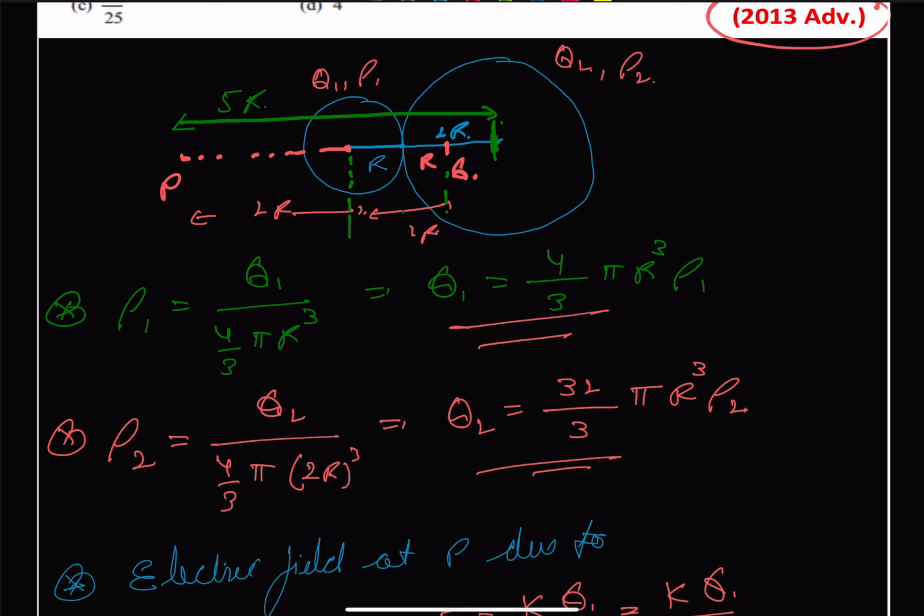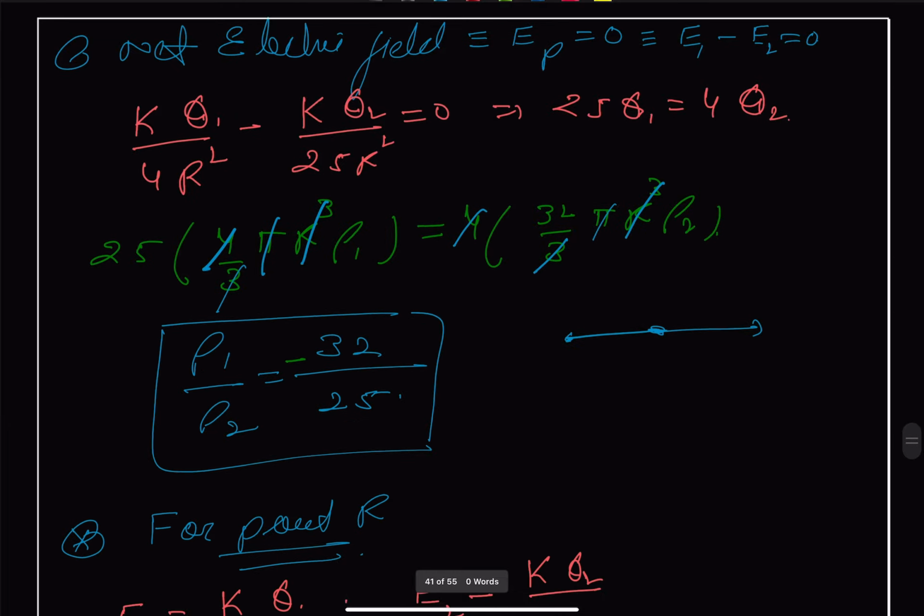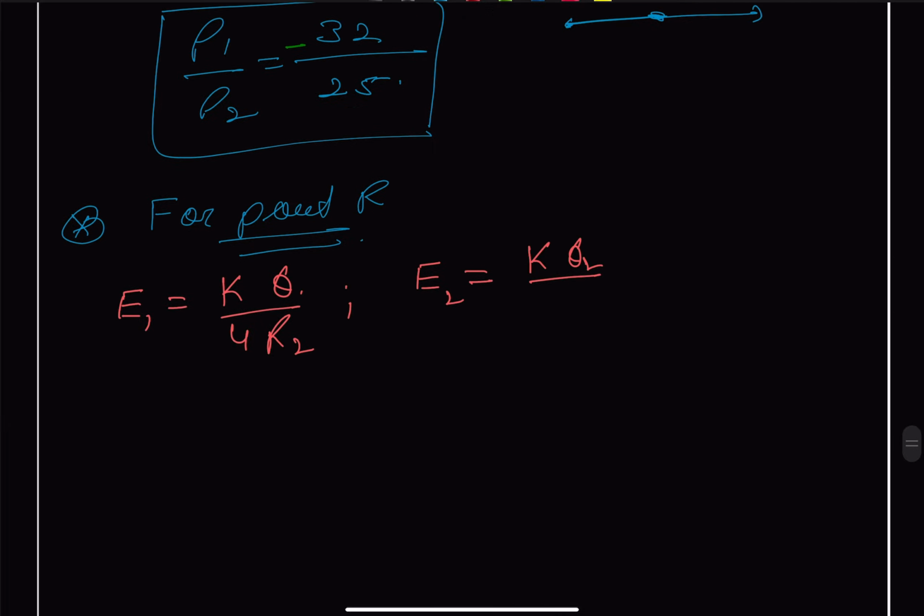This point R is lying inside the larger sphere, and the radius of this sphere is capital R. Therefore E2 will be in ratio. So this will be k times Q2, multiplied by R, divided by 2R whole cube. This will be coming as k Q2 divided by 8R square.